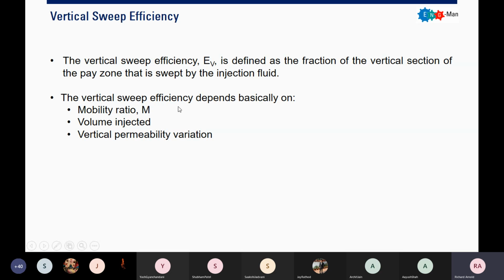All right. The vertical sweep efficiency depends basically on mobility ratio again. So mobility ratio is really, really important for our water flood, and also volume injected and vertical permeability variation. All right. So again, heterogeneity, in this case vertical heterogeneity, is really important for our water flood performance.